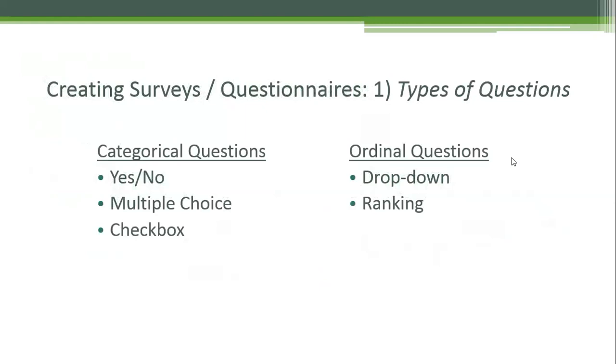And then ordinal questions would be drop down or ranking questions, like ranking from 1 to 3, which one do you like the most? All these questions are great, but can also give you a lot of different information. So picking the right type of question to ask can give you a certain type of data.